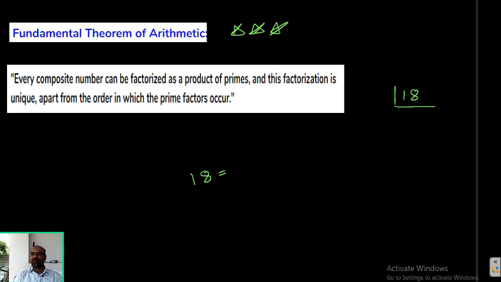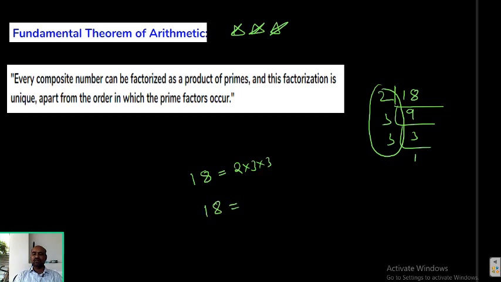First, divide 18 by the least prime number, 2, because it is an even number. 2 nines are 18, next 3 threes are 9, next 3 ones are 3. So these 2, 3, 3 are the prime factors of 18, and 2 into 3 into 3 is 18. In other words, 18 equals 2 into 3 squared. So 18 is written in terms of prime numbers.